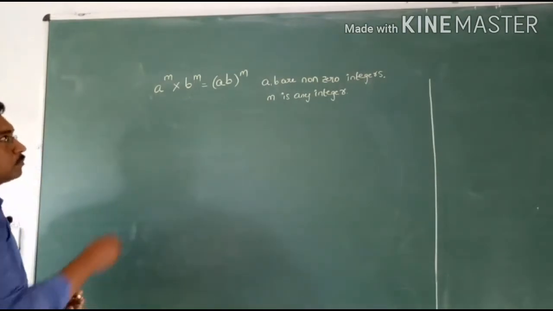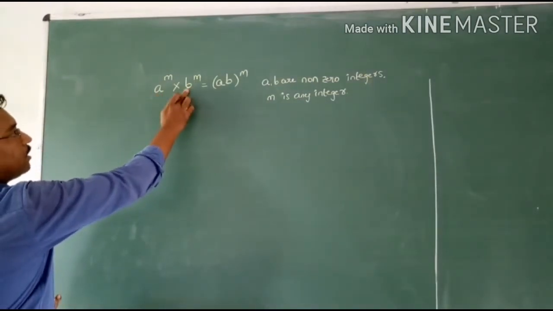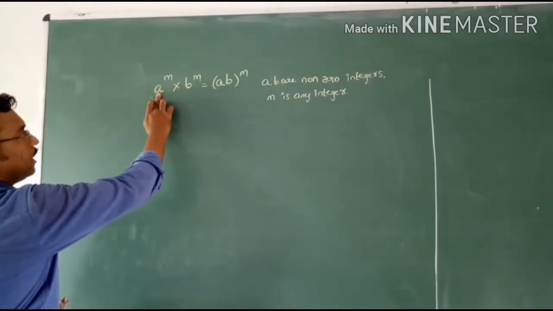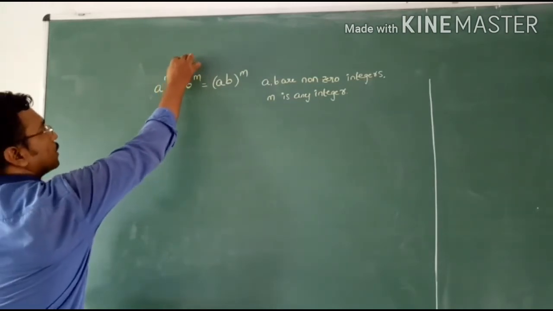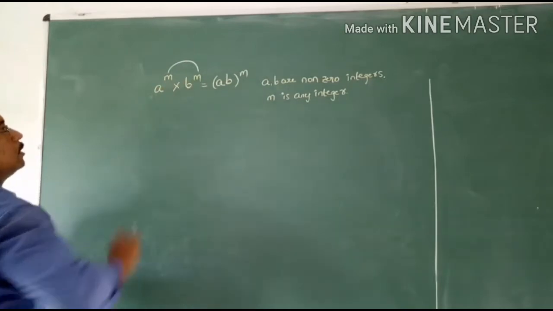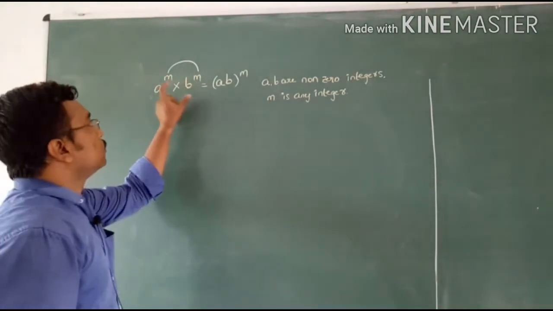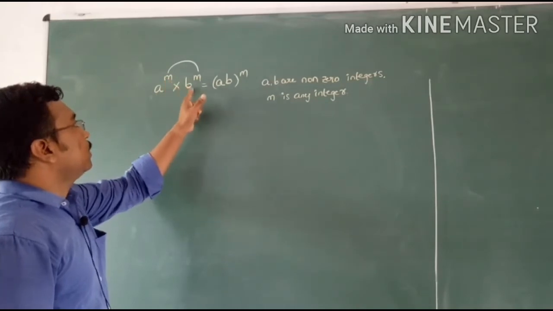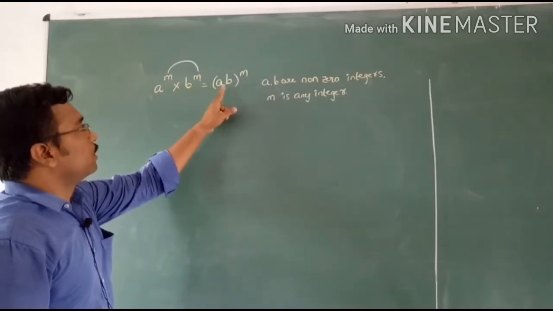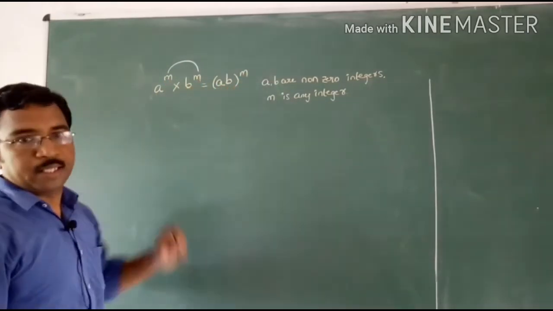So here the bases are different. Here the base is a, here the base is b. Power is same. Here the m. So we can write a power m into b power m as a into b, nothing but ab whole power m.